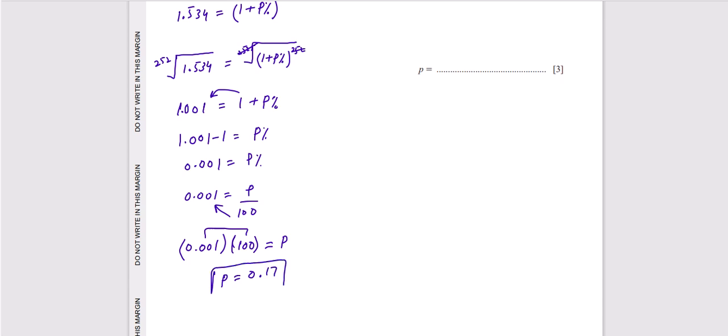This is our final answer. So P is equal to 0.17.